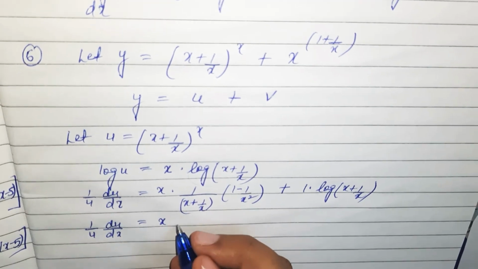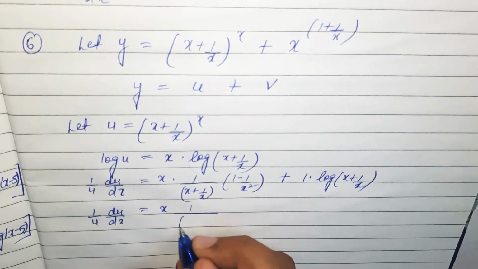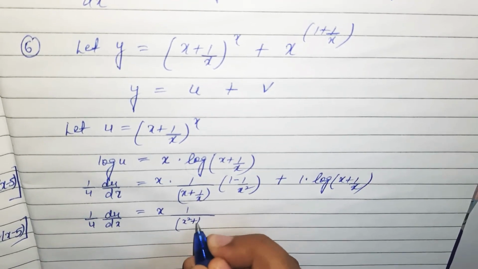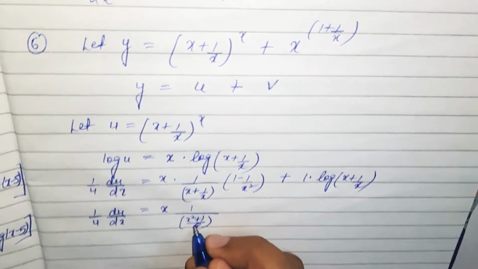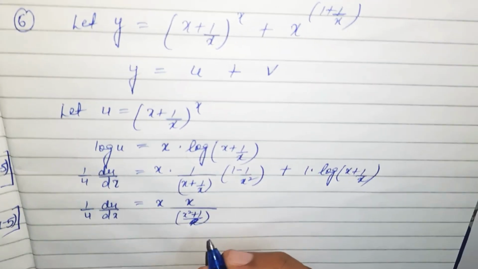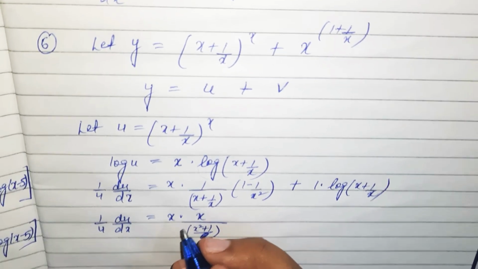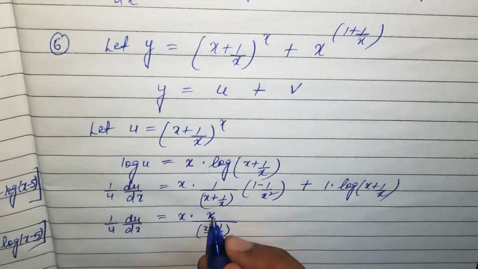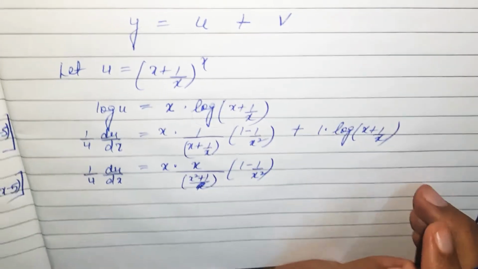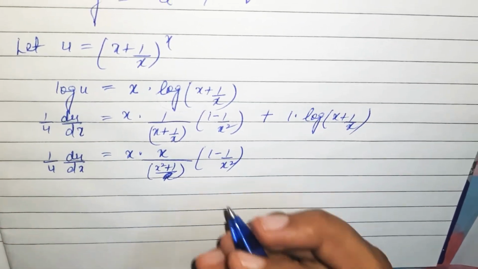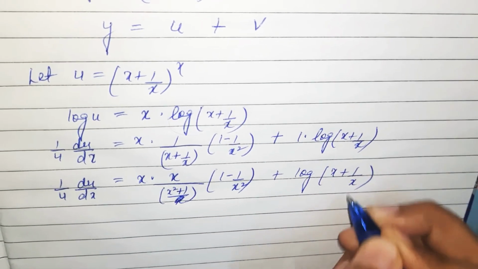While taking LCM, what I am getting? Whenever I am taking 1 upon, this is (x² + 1)/x. If I am taking it to the numerator, basically this is x/(x² + 1) into x. So basically x · x, so that means (1 − x²)... x · log x plus log of (x + 1/x).